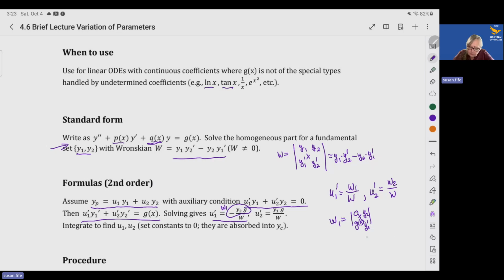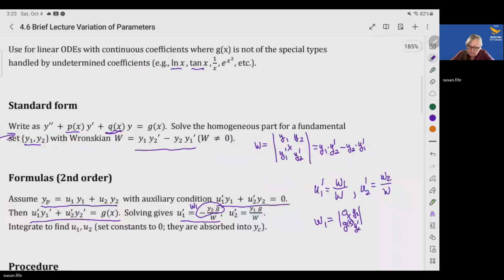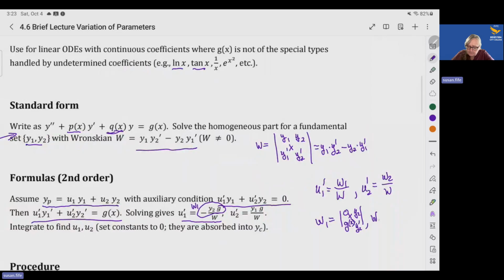And then for w2, you replace the y2 column. So I have y1 and y1 prime, and you replace the y2 column with 0 and g of x. And so you're going to get y1 times g minus 0.